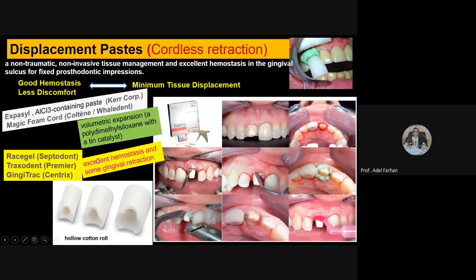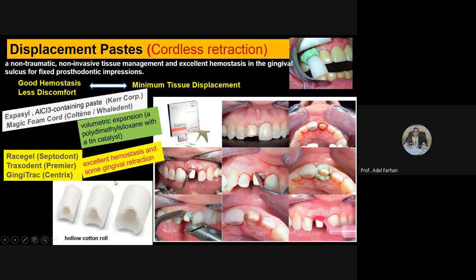These are all the different supplier materials used for retraction. Most of these materials are vasoconstrictors, control the blood flow in the area, يعني يسوي hemostasis.